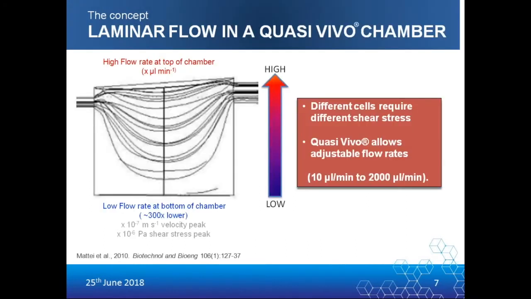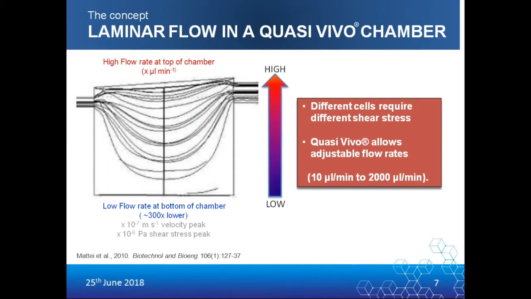Researchers at the University of Pisa have shown that flow in the Quasi Vivo chambers is laminar in nature. The flow rate increases as we go from the bottom of the chamber to the top of the chamber. And Quasi Vivo systems allow adjustable flow rates depending on the in vitro application. In vitro models on the Quasi Vivo system are biomimetic and with greater clinical relevance than conventional static models.